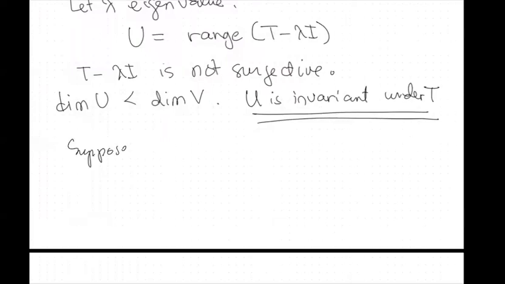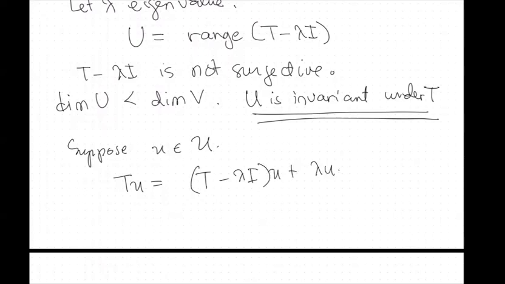Suppose u is an element of U. Then T of u is (T minus lambda I) u plus lambda u.